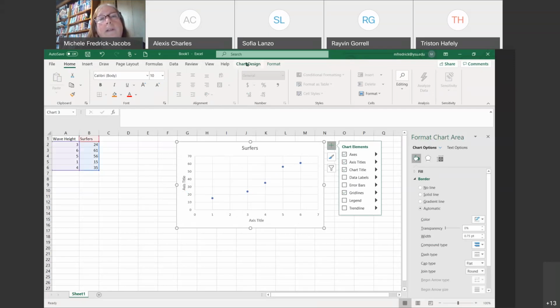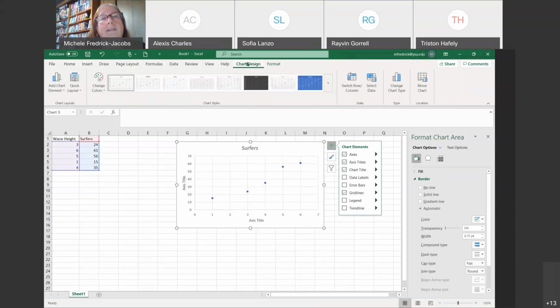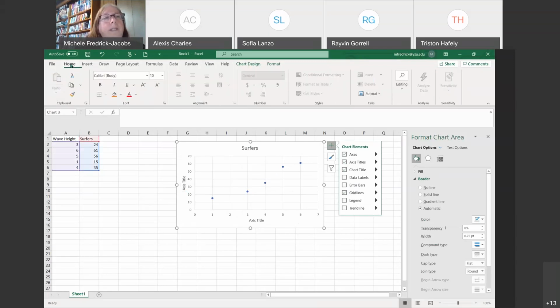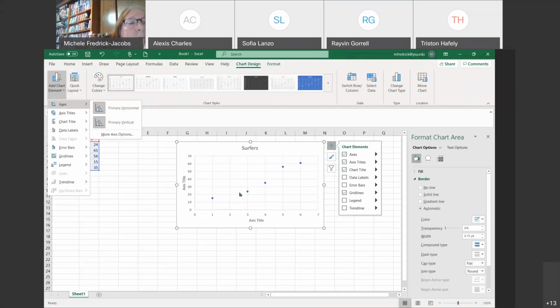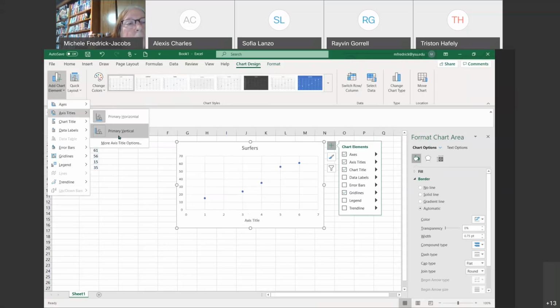If I go over to chart design, it gives me add chart elements. So make sure you're not on home because sometimes that happens. Not everyone has the plus sign, but just about everybody should have this. And for the axis titles, this gives you your horizontal and your vertical.